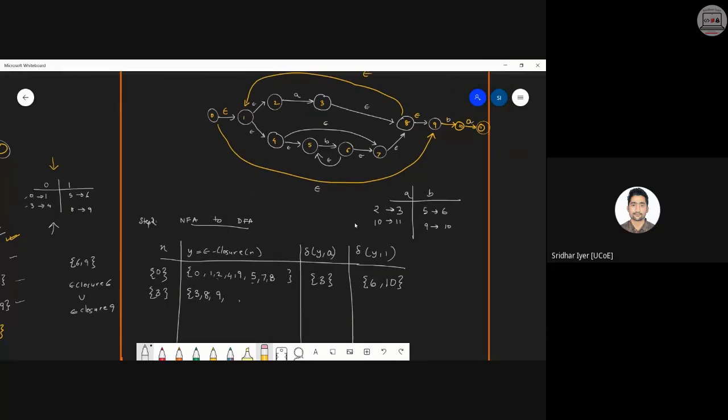From 8, I can again go to 1. From 1 to 2, again the entire vicious cycle starts. From 1 to 4, 4 to 5, 4 to 7, and 7 back to 8. Anything else? Yeah, that's what I said. You may get the answer with 3 to 4 rows or even lesser than that.